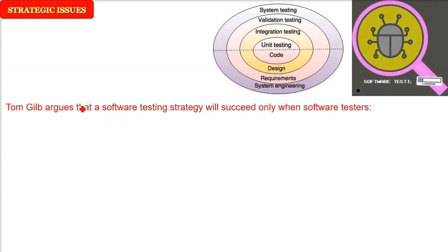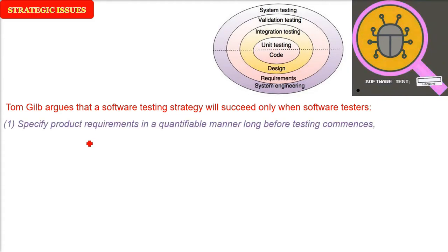Tom Gilb argues that a software testing strategy is going to succeed only when the testing department or the software tester does certain things. First, specify the product requirements, not in a wordy manner or running sentences.